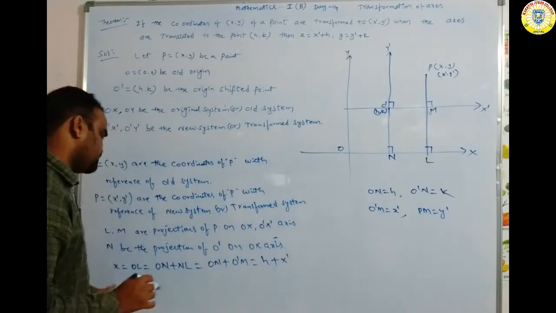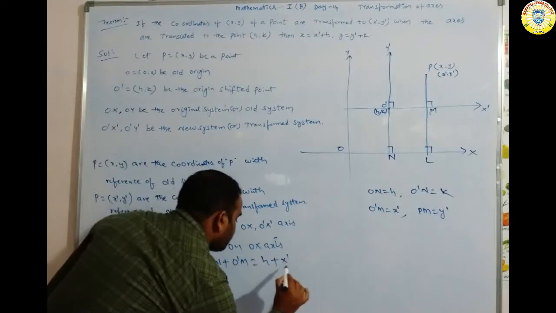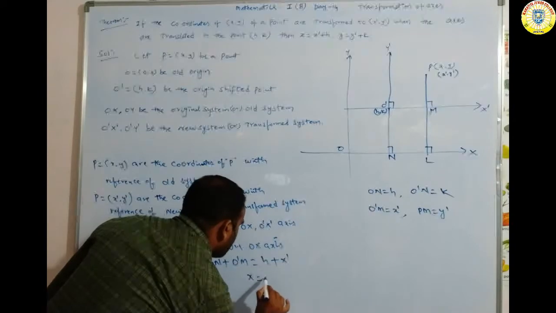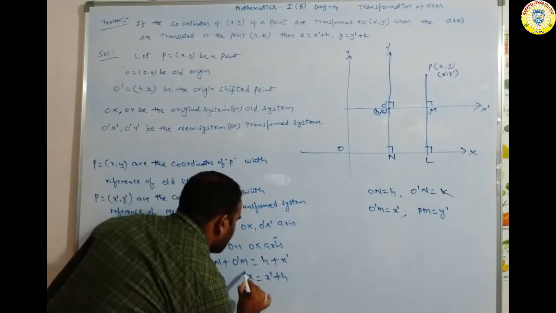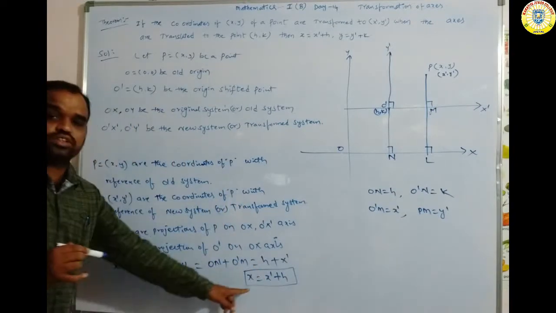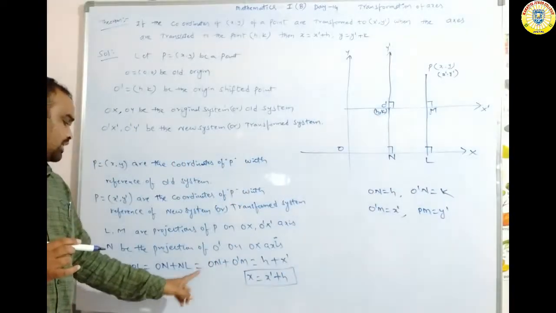Totally we get x is equal to x dash plus h. This is the relation between the new system and old system for the x coordinates.